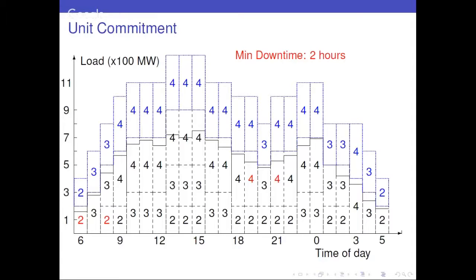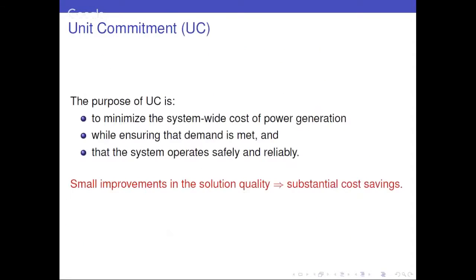I want to basically find the minimum cost solution to schedule generation to meet the load subject to the various conditions on reserve and on the operating constraints of the generators. This is what I just said: we want to minimize the system-wide cost to meet the demand and also to ensure safety.